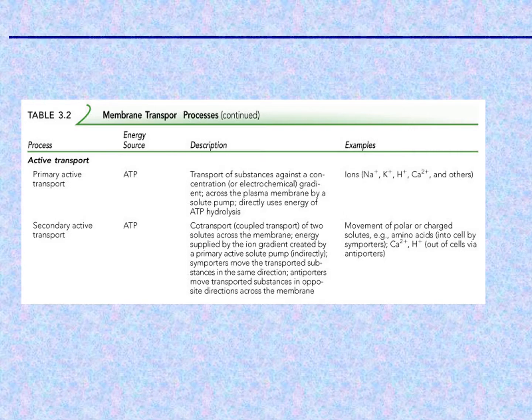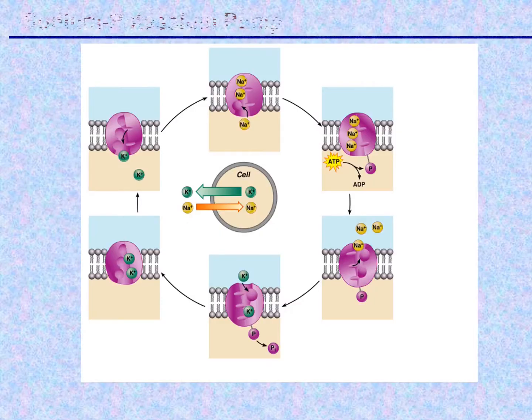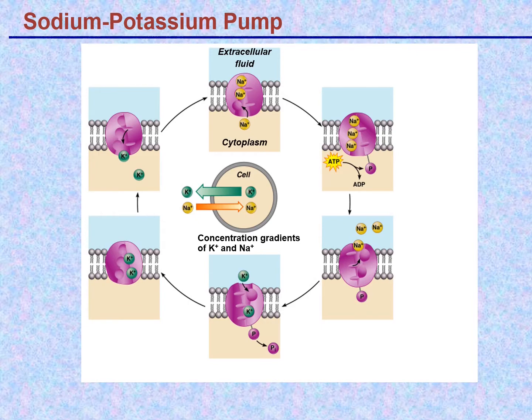talk particularly mostly about one type of active transport mechanism involving the movement of sodium and potassium across the cell membrane. This mechanism of active transport is called the sodium-potassium pump and is present in all cells, and is a way in which cells move sodium out of the cell and potassium in.